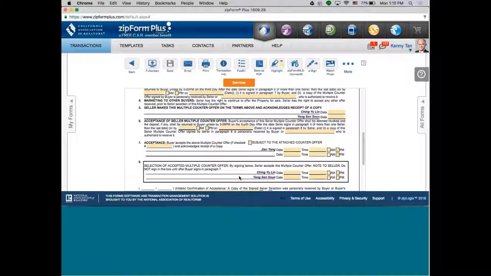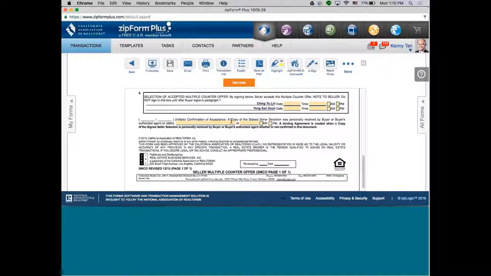And then the listing agent has to explain, this is a multiple counteroffer. We never picked you guys. We picked somebody else. We never signed number 8. If you never sign number 8, your buyers were never picked. Okay? So it's important you know how to use this form. Don't be like a fool waiting for an escrow to be open when number 8 is never checked or never signed by the seller.